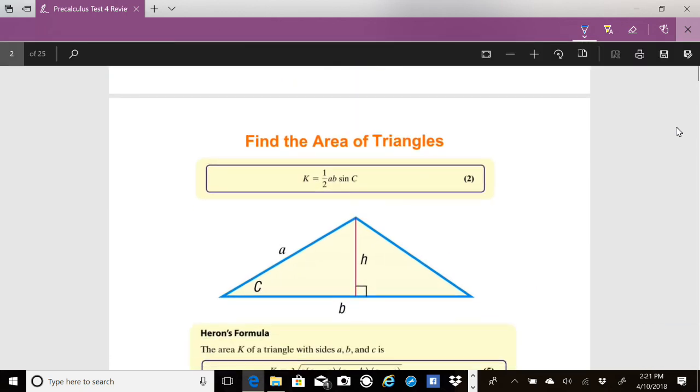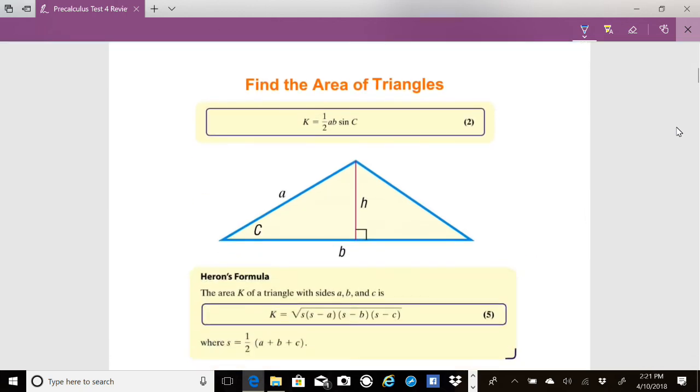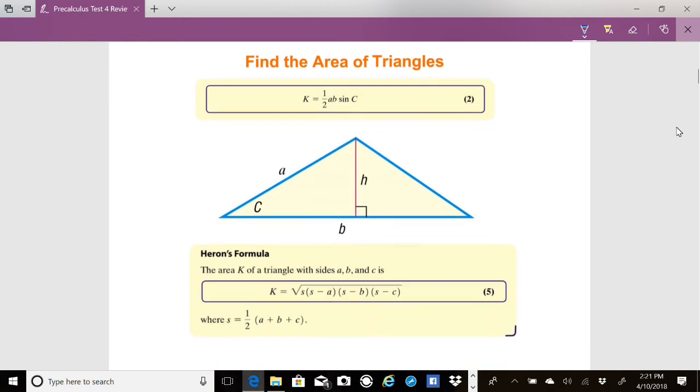Now, the last thing we're going to be looking at is finding the area of triangles. You already know that the area of a triangle is equal to 1/2 the base times the height. But we're going to have some other formulas here that will be very easy to use to find the area of a triangle.